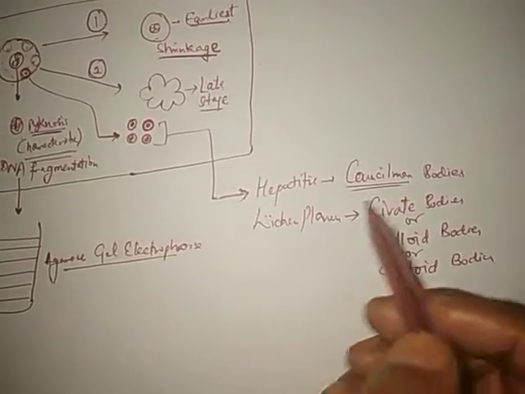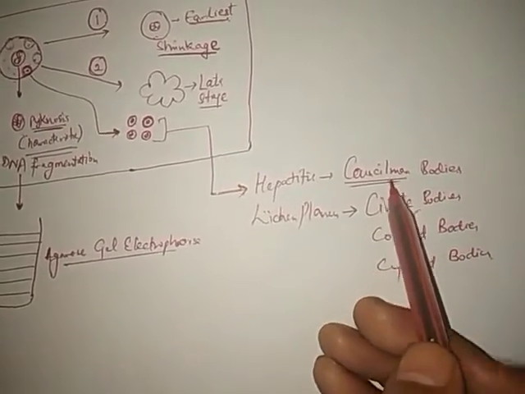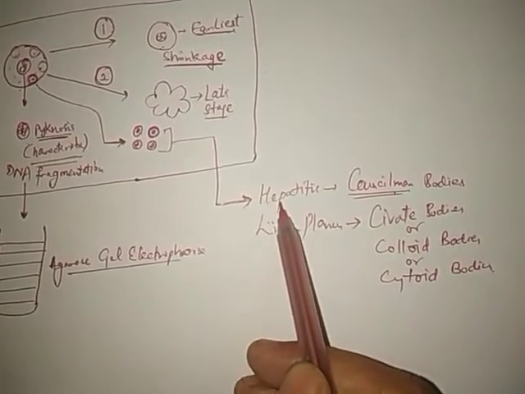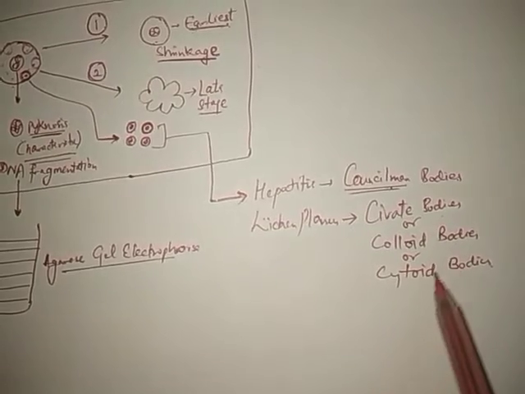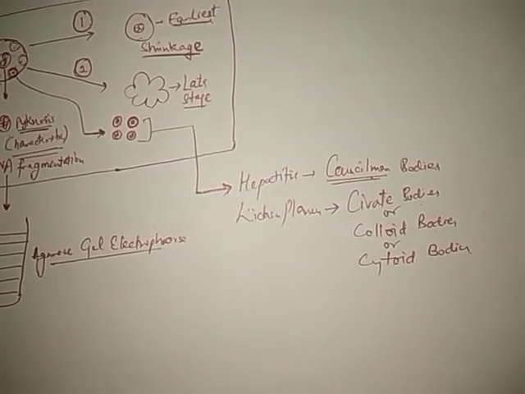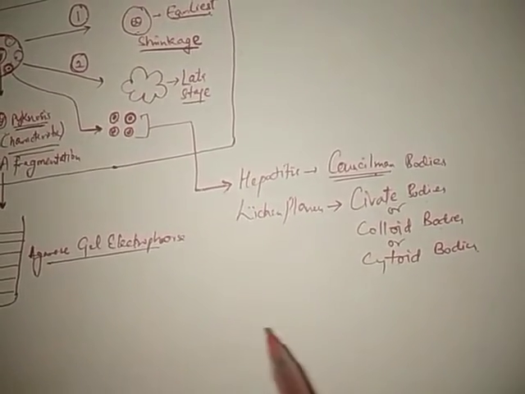So Councilman bodies are the apoptotic bodies seen in hepatitis. Civatte bodies, colloid bodies, or cytoid bodies are the apoptotic bodies seen in lichen planus.